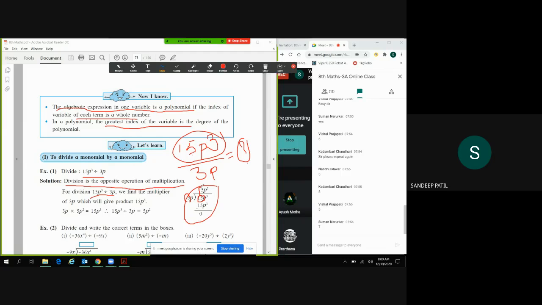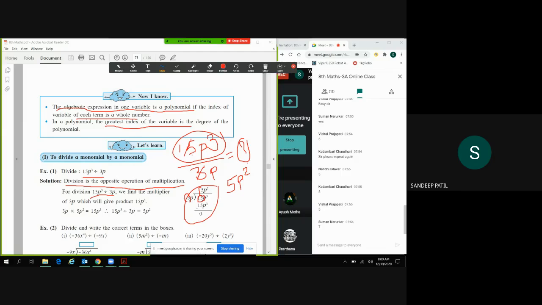So हमें 5 यहाँ हम directly लिख सकते हैं. और जो भी variable है, variable में क्या है, p cube है और नीचे p है. सो हम क्या करेंगे, p cube divided by p becomes p square, right?